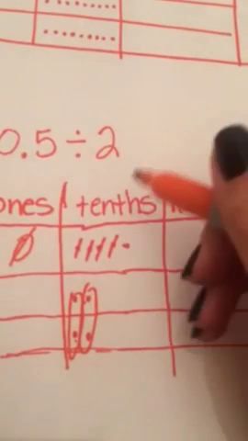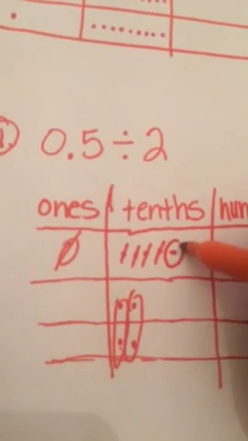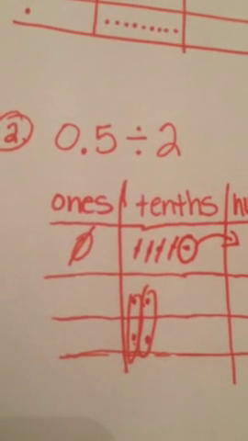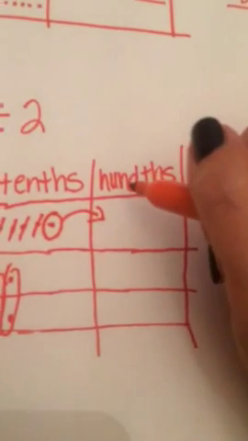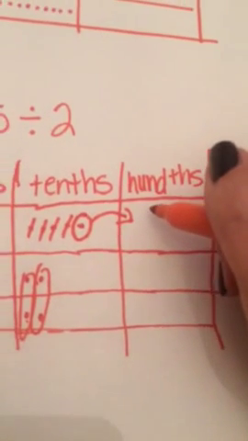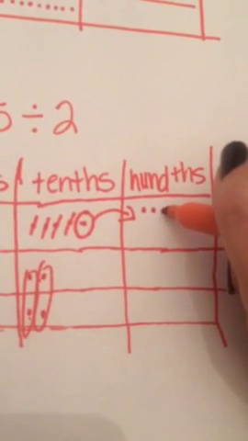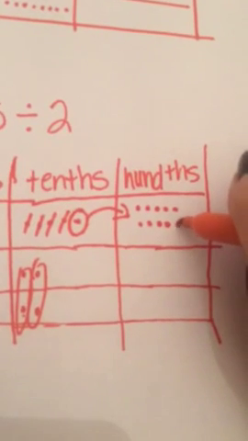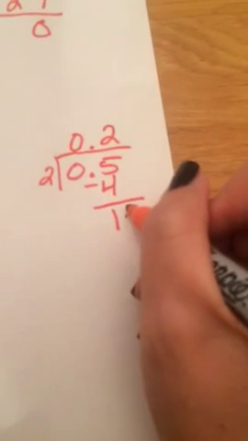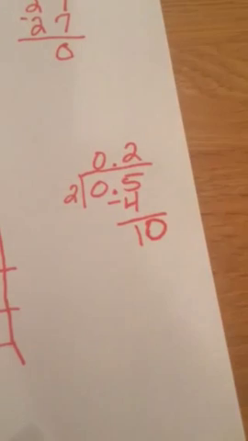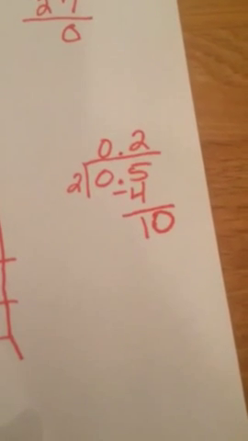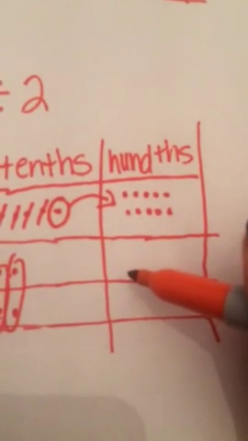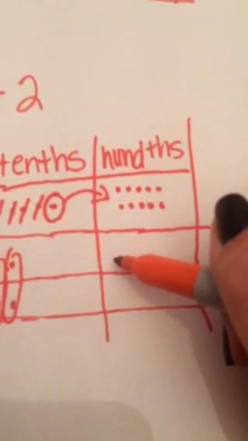What we're going to do with that dot is take that disc and decompose it into the hundredths. And we know that 1 disc gives us 10 in the hundredths place, which gives us the number 10 here. Now we can break this down into our groups, dividing it by 2.